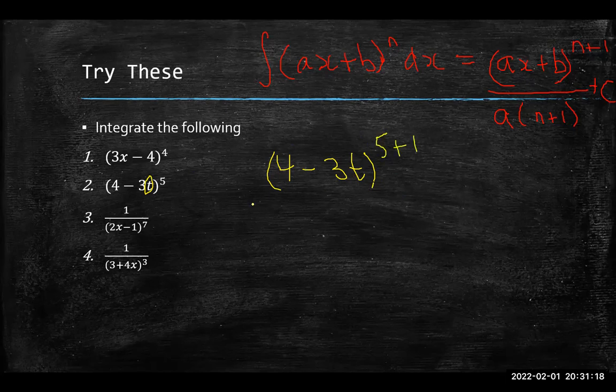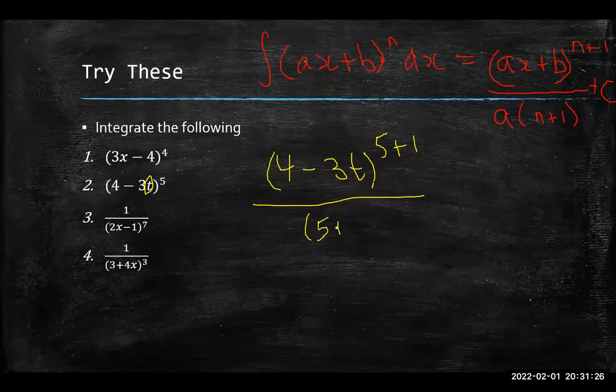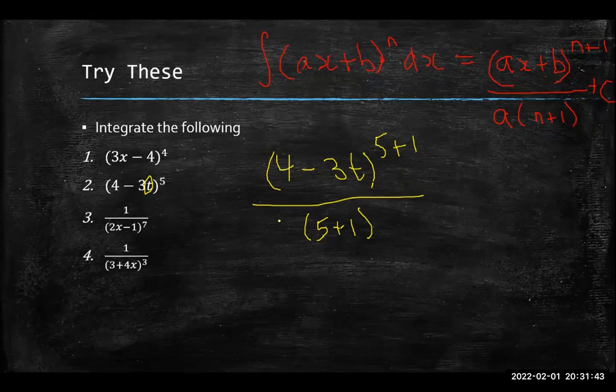5 plus 1. What do we do here? The rule is a times n plus 1. I already know n plus 1 is 5 plus 1. But what's the value of a? Can anybody tell me what's the value of a? I think it's 4, miss.